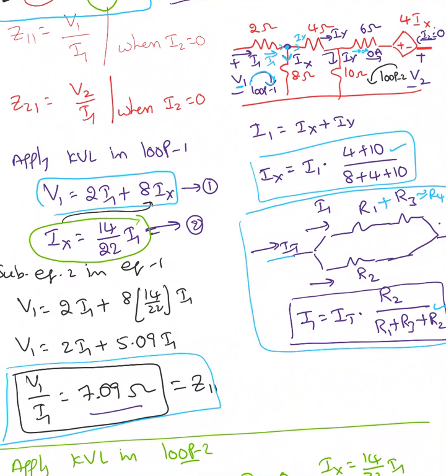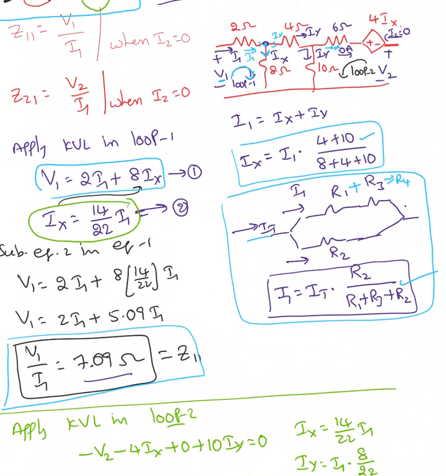To find Z21, I applied KVL in this loop. Going negative to positive, minus V2 right here, minus 4Ix, plus 0, because there is no current passing through the 6 ohms so the voltage drop across it is 0, plus 10 Iy equal to 0.